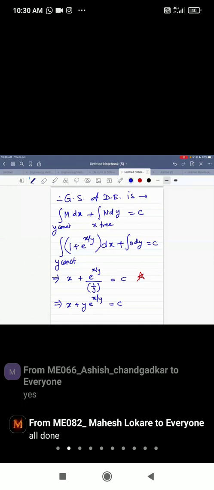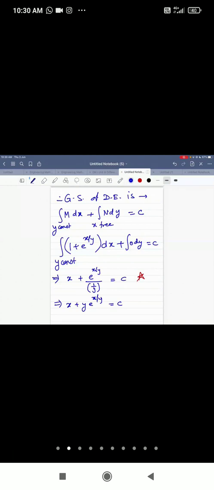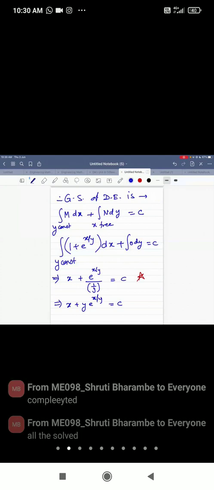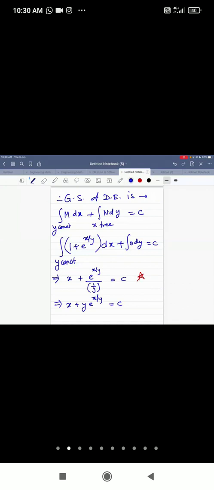Right? Okay, good. Mahesh Lokre is saying that all the 3 questions he has solved. Good, that is what I am expecting. Shruti, have you completed all 3? Good, good. Who else has completed all 3? Please type in the chat box all 3 completed. Let me see how many of you have understood.